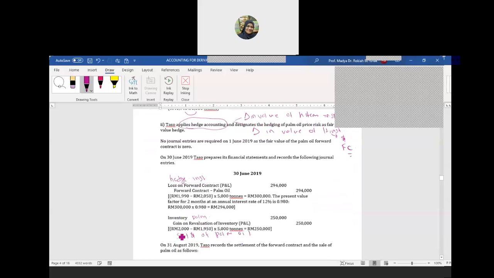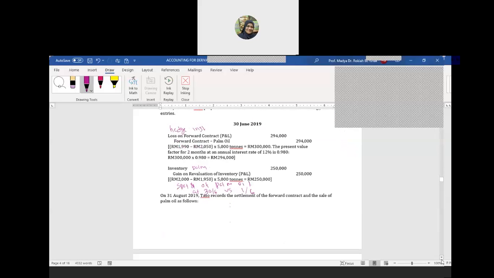The spot price of the palm oil on 30th of June is 2,000, compared with the price on 1st of June, which is 1950, times 5,000. So you have 250. So debit your inventory and then credit your gains on the revaluation of inventory. Your value of inventory has increased.